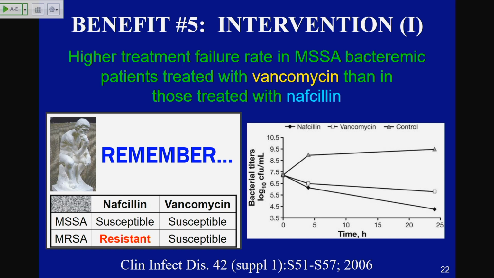But a study out of the VA in Idaho a number of years ago demonstrated that patients who are bacteremic with MSSA respond more poorly to vancomycin than they do to nafcillin, right? Even though in vitro, vancomycin should work on everything, clinically, they did not respond to vancomycin. And they actually responded better with nafcillin.